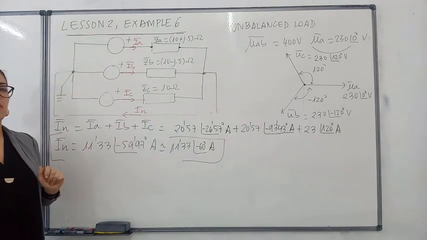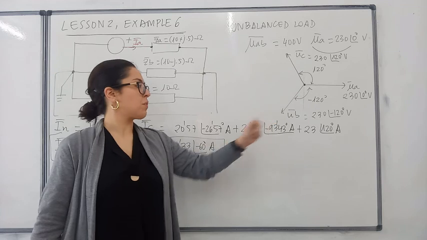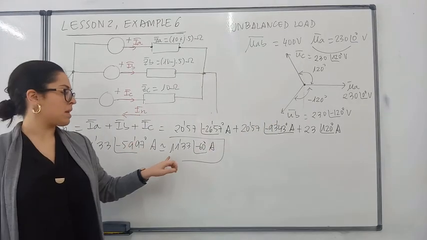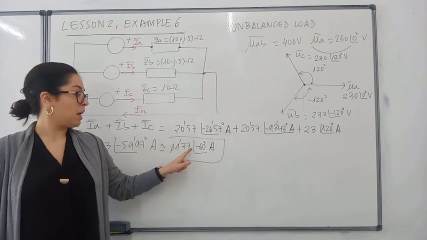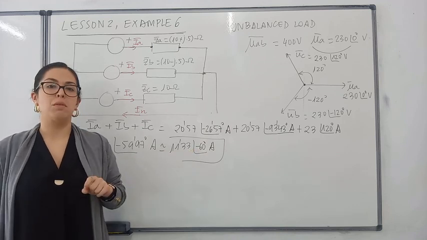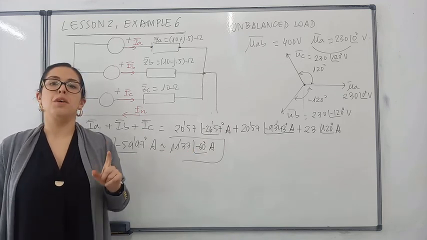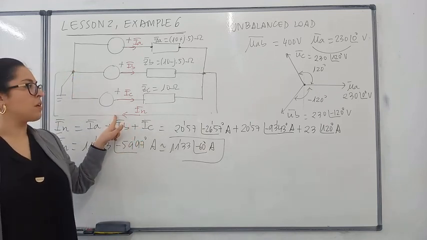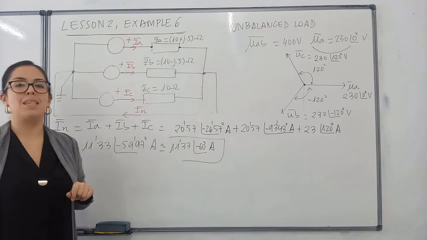And here, as you can see, if we sum these three line currents, we will get approximately 11.33 minus 60 degrees amps. So, remember, the current in the neutral will only be 0 when the load is balanced.